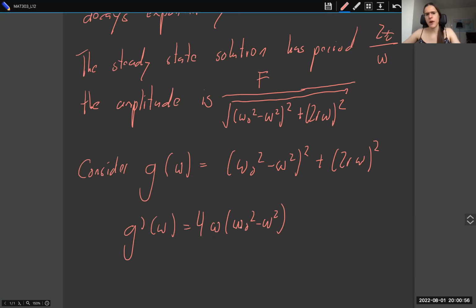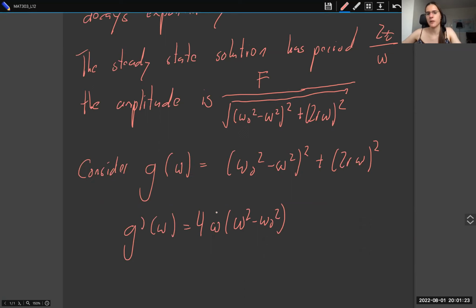I think this is right. Obviously this expression is the same if it's omega squared minus omega naught squared, so it's actually omega squared minus omega naught squared, I think. In that case, the signs work out, right?